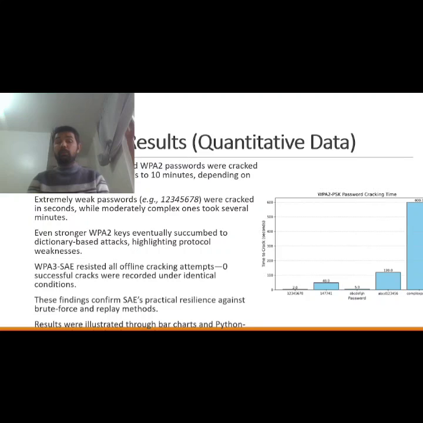Quantitative findings show WPA2 crack times ranged from 2 seconds to 10 minutes depending on password complexity. This table shows the password cracking time used on WPA2 PSK.